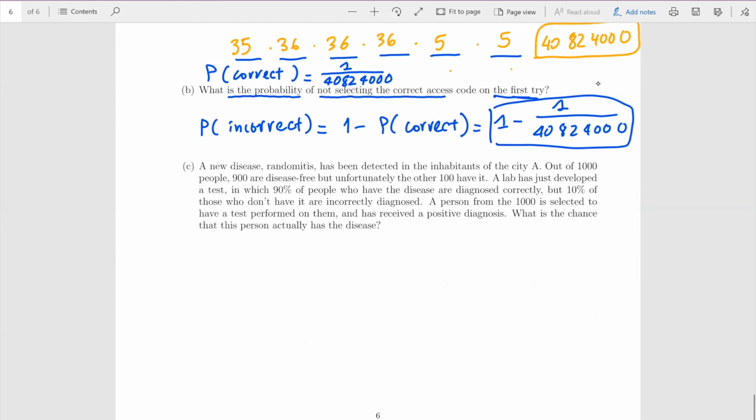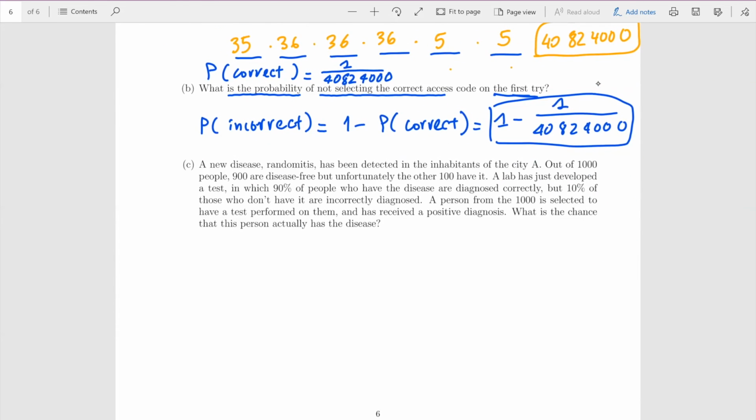All right. So the last example here is about the ability of medical testing. Okay.